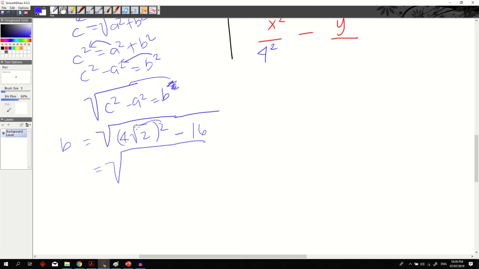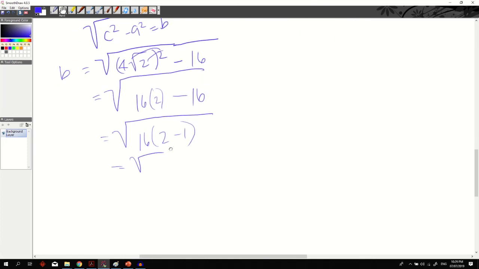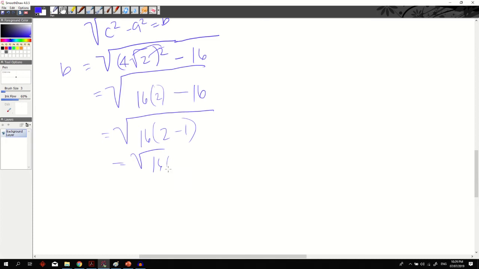So we will distribute that one. So 4 squared is equal to 16, then times 2, minus 16. So 16 times 2 minus 16 is 16.